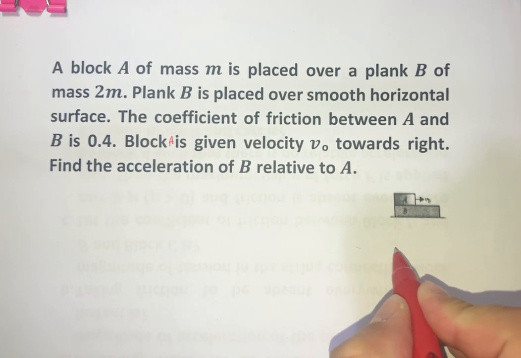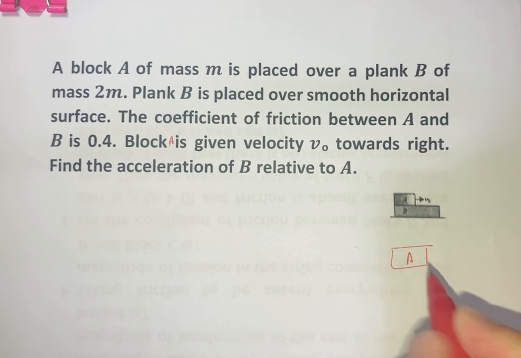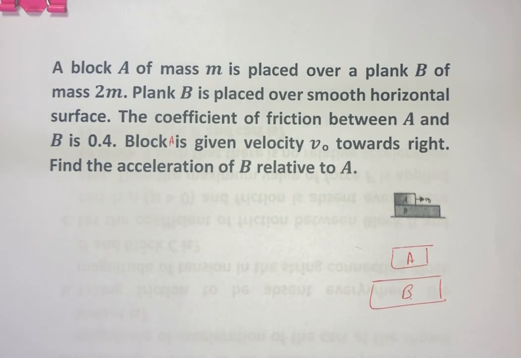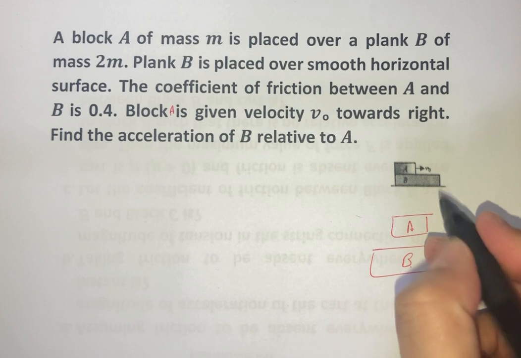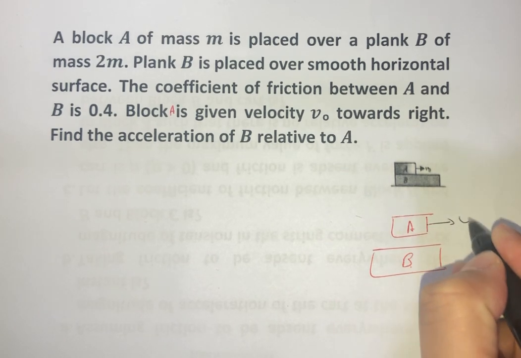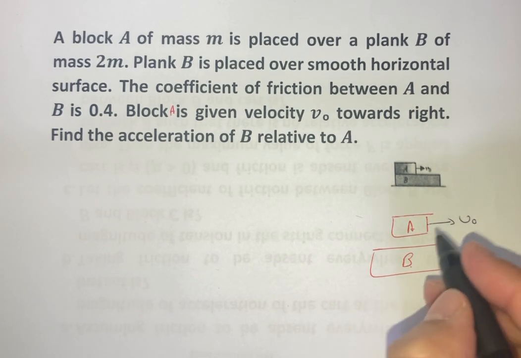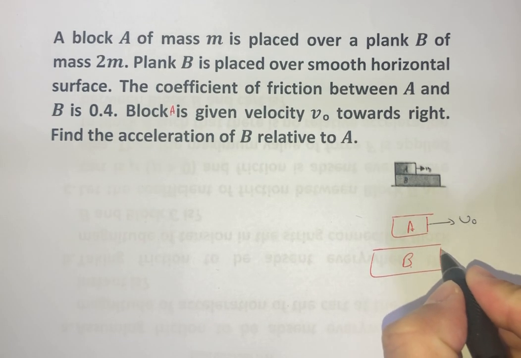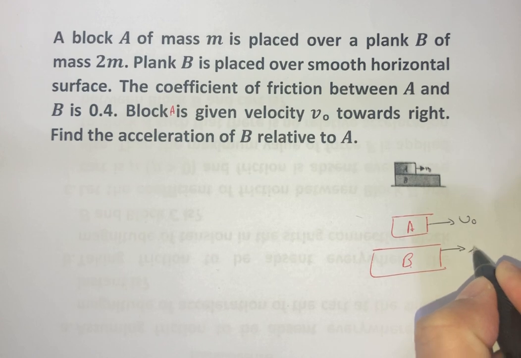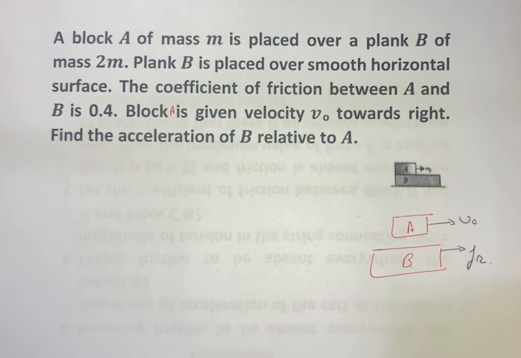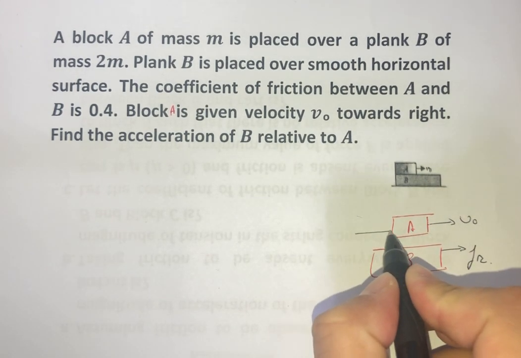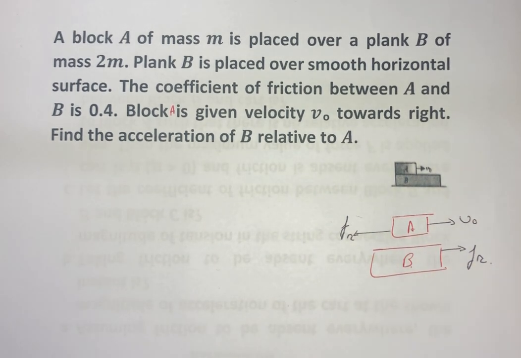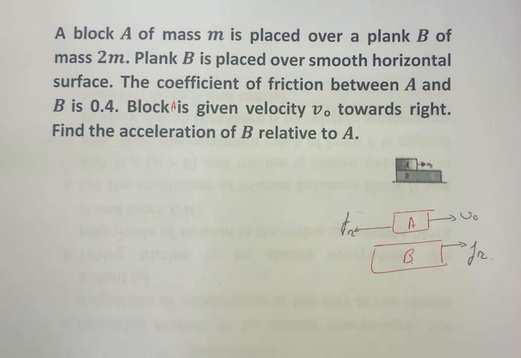So this is our block A and this is our block B, and there is a v0 velocity on block A. Because of this v0 velocity, block A will try to move block B towards right with the frictional force Fr, and there will be an equal and opposite force Fr acting on block A. Okay, so these are the frictional forces.